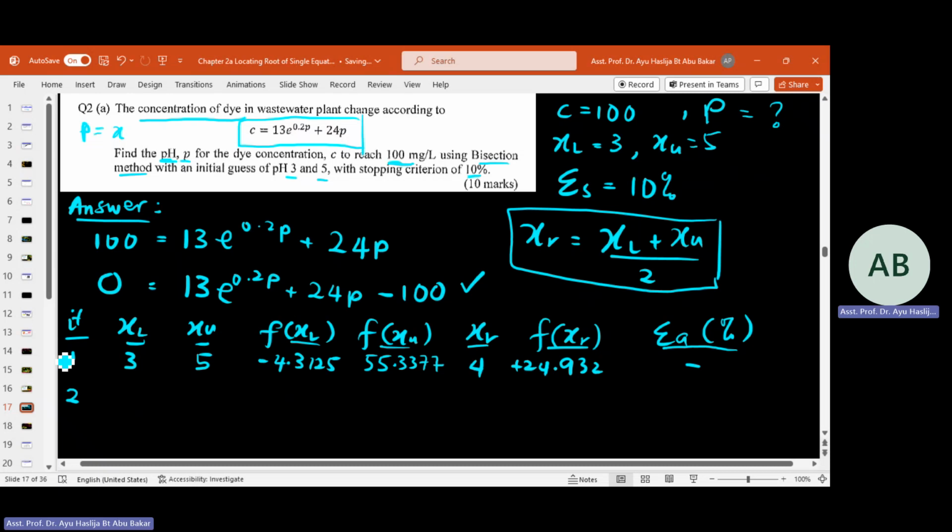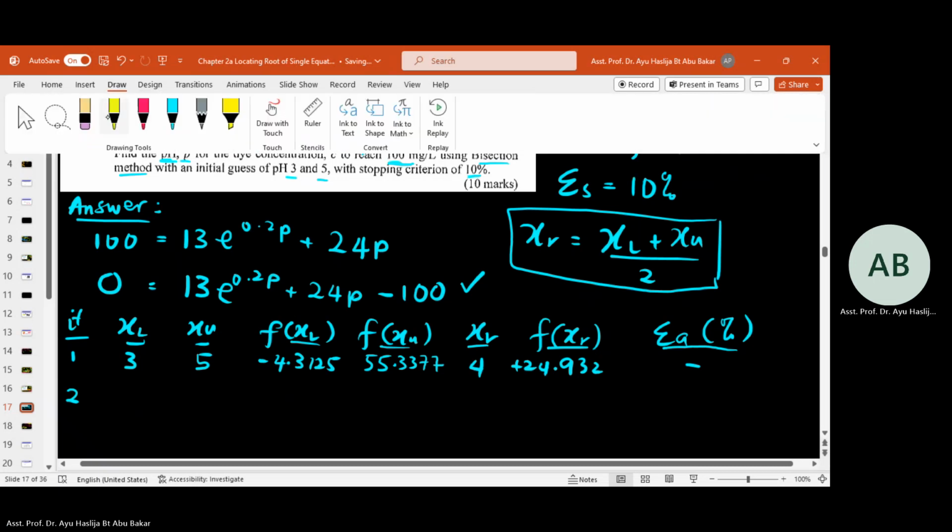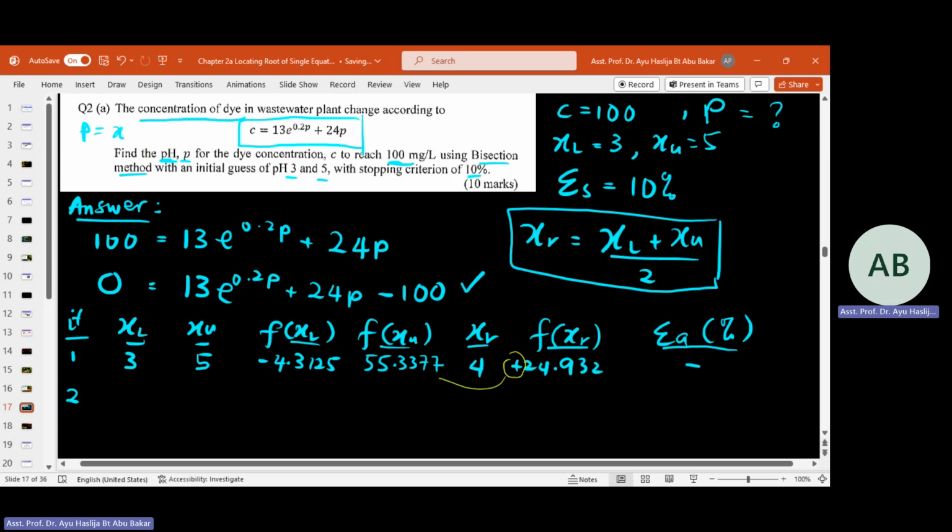Okay, so for the second iteration, this 4 of the XR belongs to which, XL or XU? XU, because FXR is positive, so replace the positive value.